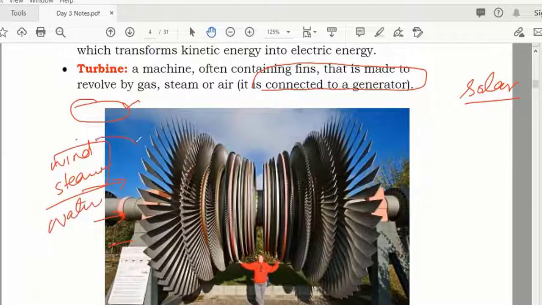When high pressure wind, high pressure steam, or fast moving water falls on this turbine, it moves like a fan. You can see its shaft here. It is fitted with a generator, and the generator produces electricity.